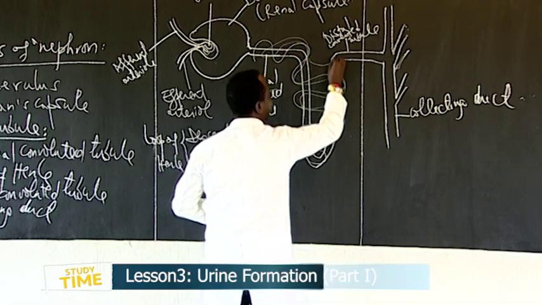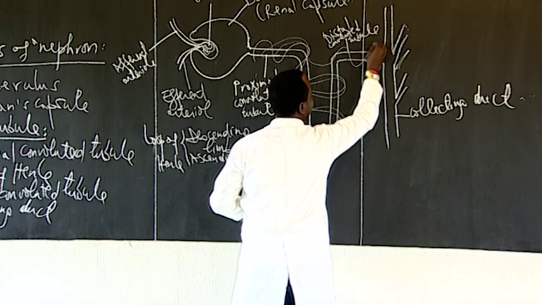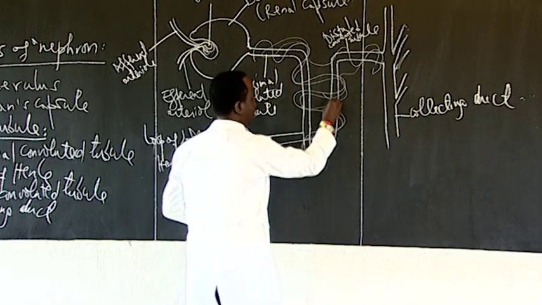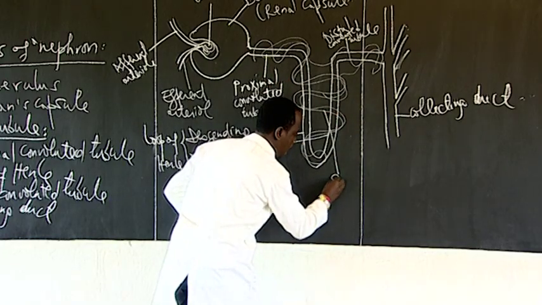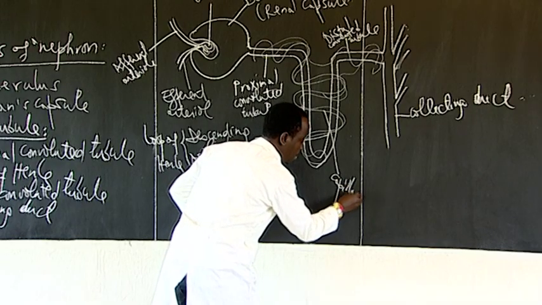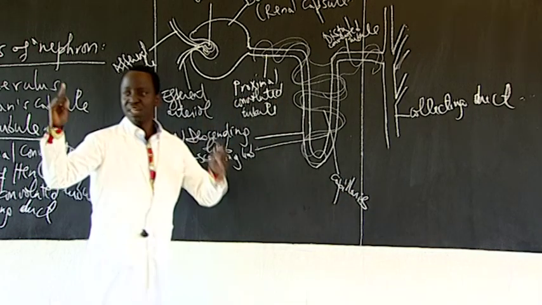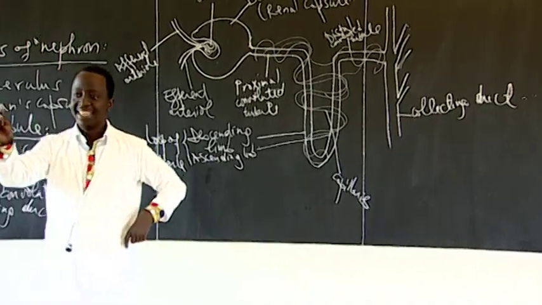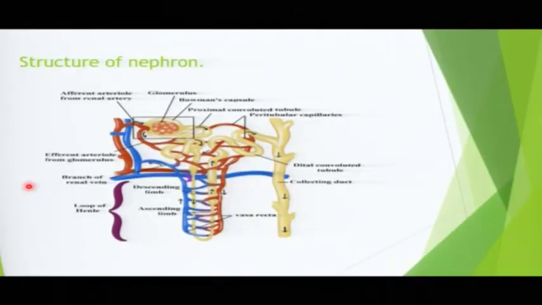It is okay. Okay, nice. This is capillaries. Oh, this is our nephron. Are you together? Oh, sorry. I'm very sorry.